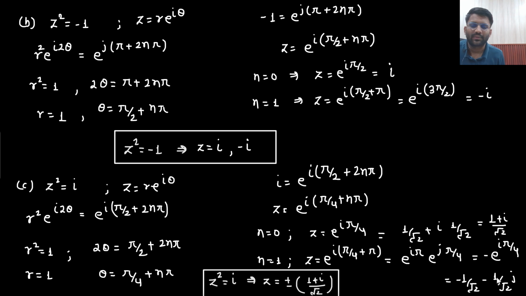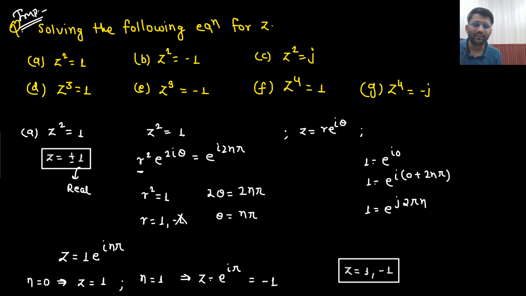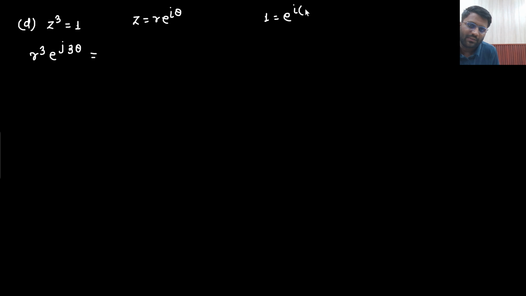Okay. Let's go to the next question, which is part D. z cube equals 1. z cube equals 1. z equals again r e to the power iota theta. What will be z cube? It will become r cube e to the power iota 3 theta. What is 1? 1 is nothing but e to the power 0 plus 2n pi.